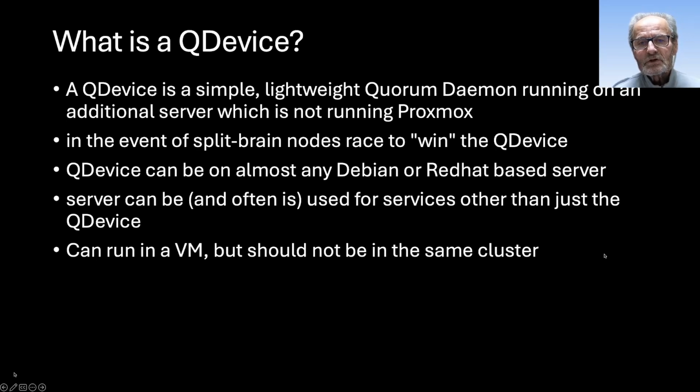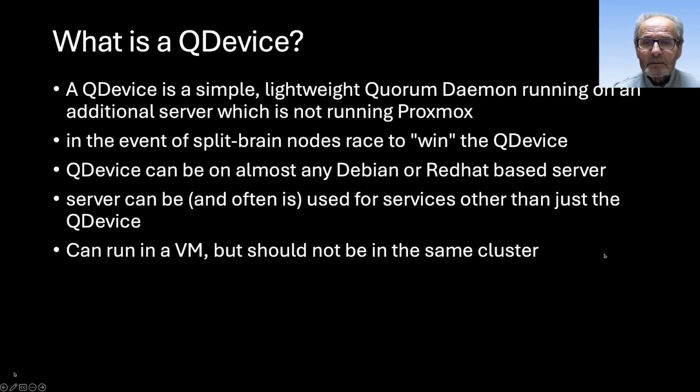What you do is you install a package which consists basically of a daemon, and then you configure it so that it becomes part of your cluster. So it becomes a virtual fifth node. Okay, it can run on a VM, obviously not within the same Proxmox cluster. Well, it could, but that would be rather strange, wouldn't it?